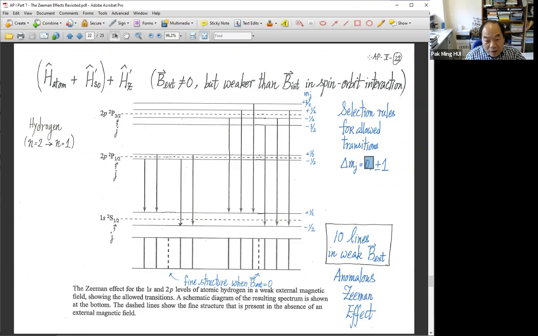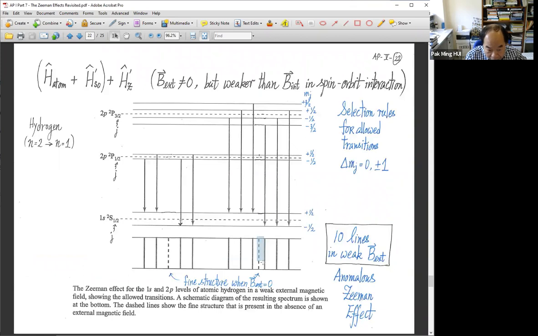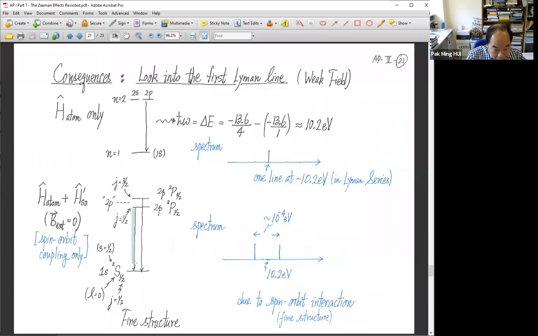So previously, fine structure. Okay, come back here, you see 1 line. Higher energy means this line, okay? So in this figure, this is the dashed line, not here anymore. With a magnetic field, you will see around this fine structure line, 6 lines, okay? Now there is another one here. Previously here.